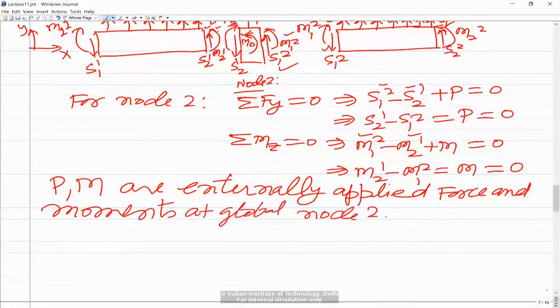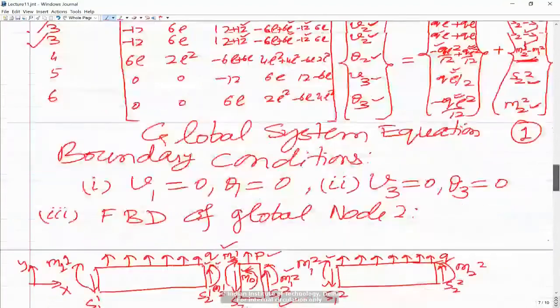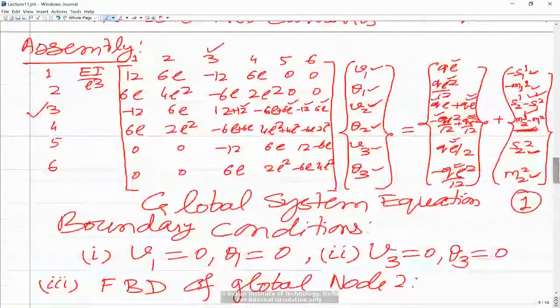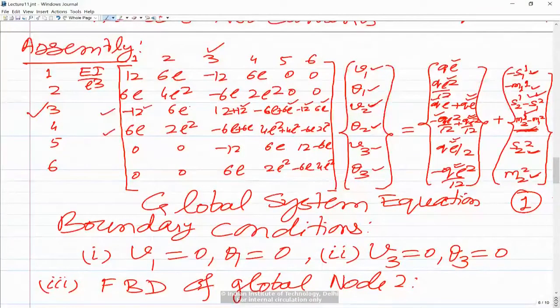So the solution, as I already said: how will you proceed? You take equations 3 and 4. Looking at those equations, this row gives you the third equation and this row gives you the fourth equation. So this into V1, which is 0, plus this into theta 1, which is 0, and similarly this into V3 equal to 0 and this into theta 3 equal to 0.